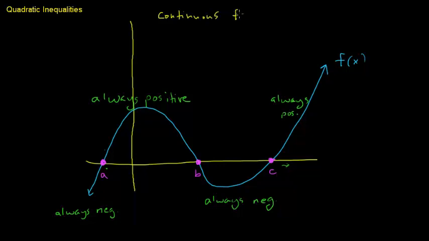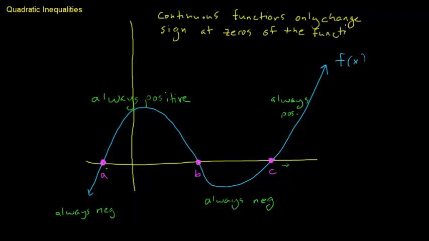Continuous functions only change sign, they only go from positive to negative or from negative to positive, at zeros of the function. And I want you to remember that because that's how we're going to answer all our quadratic inequalities questions.